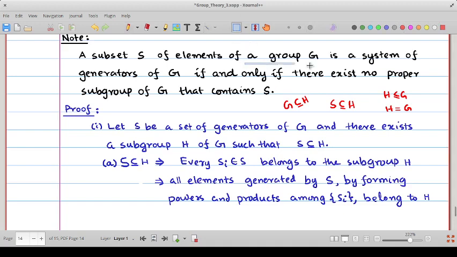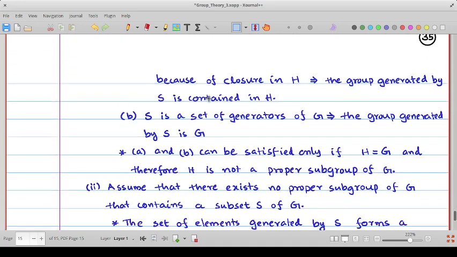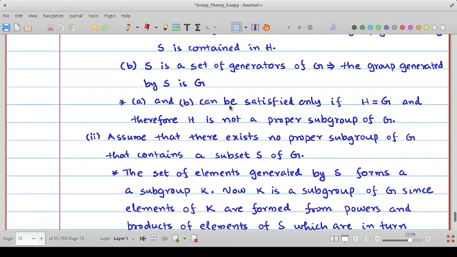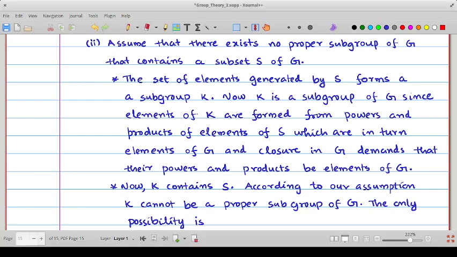Now to the second property, which is that if we assume that there exists a set of elements of G that is not contained in any of the proper subgroups of G, then they will be a set of generators of G. Now assume that there exists no proper subgroup of G that contains a subset S of G. There is some subset S of G, but there exists no proper subgroup of G that contains it.